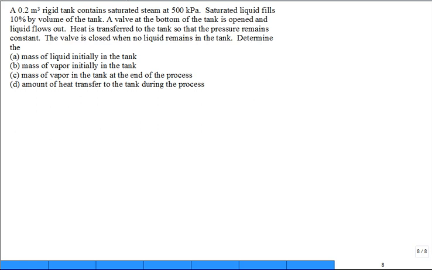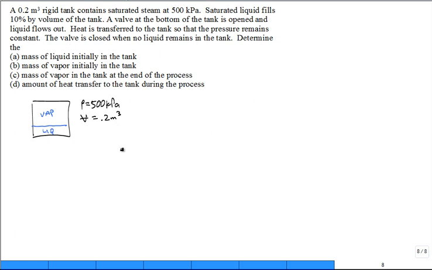So let's go ahead and make a sketch. So we have a tank, and it's filled with a two-phase mixture, some liquid and some vapor. In the influence of gravity, liquid will settle to the bottom. Let's put it at the bottom. It's at a pressure of 500 kilopascal and a volume of the tank 0.2 meter cubed.